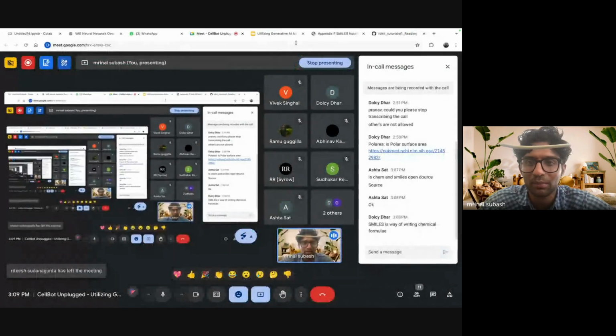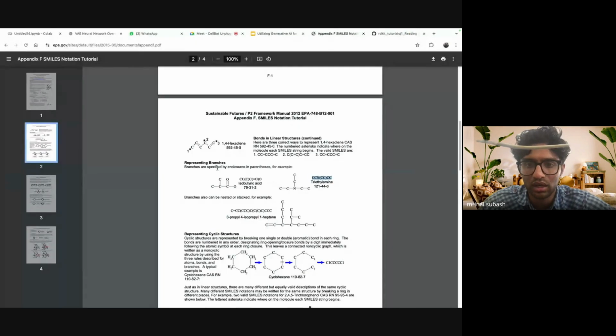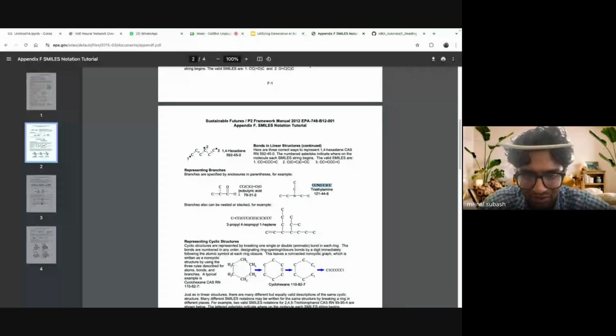So there's an example here. What SMILES would do in this case, with isobutyric acid, a fairly simple compound, is go in a linear fashion. In brackets, whatever you see is the atom that is attached apart from the main line.